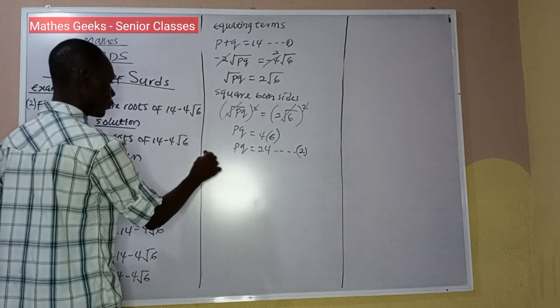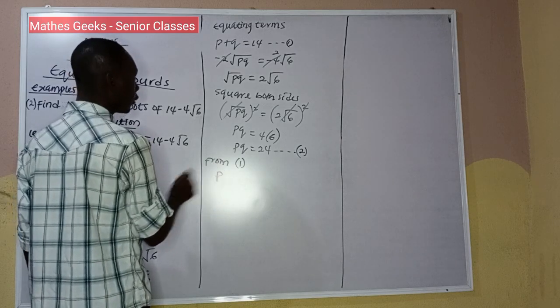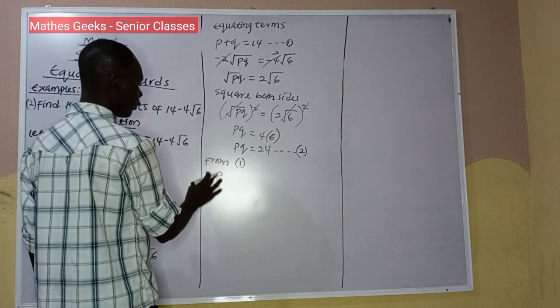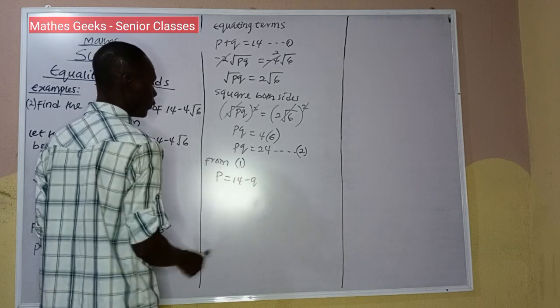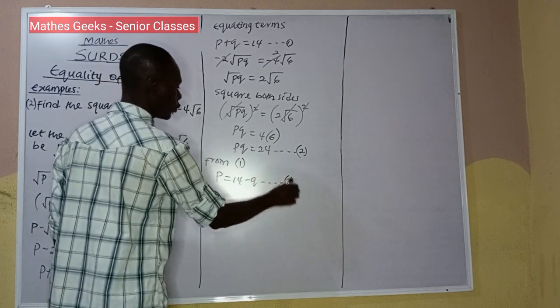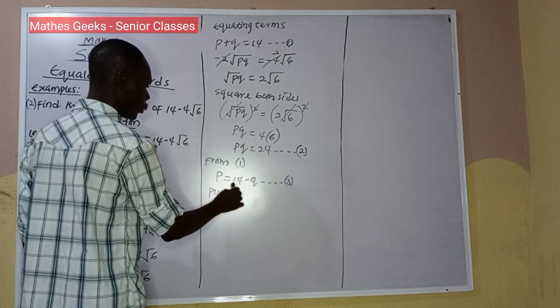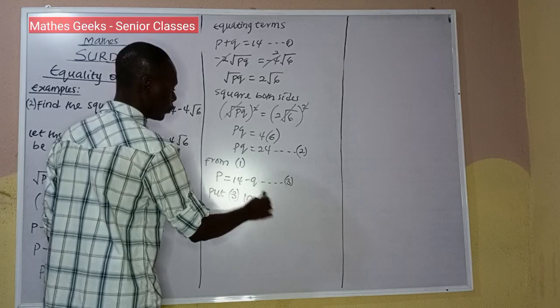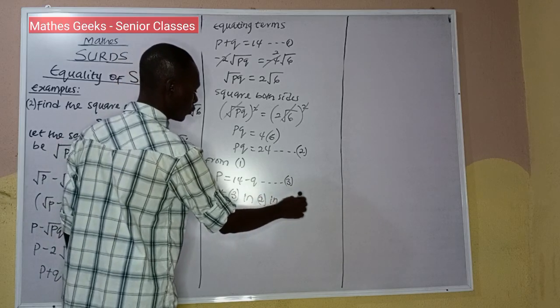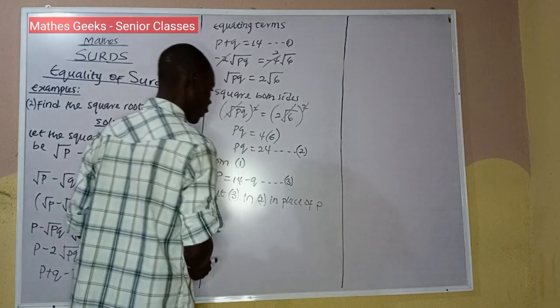Okay, so from equation 1, if we make p the subject of the formula, that will give us p equals 14 minus q. And we'll call this equation 3. So we're going to put equation 3 in 2, in place of p.